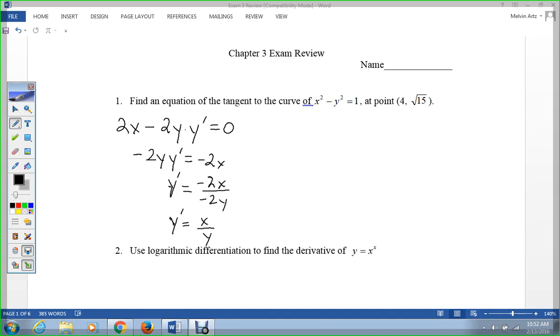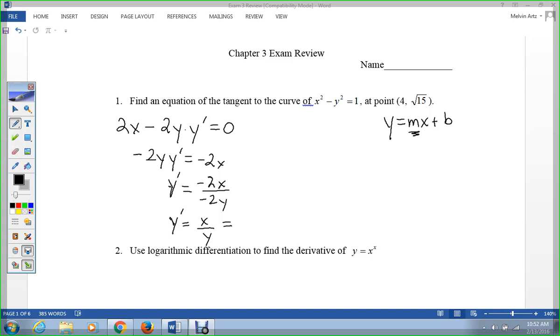Now we want to find an equation of the tangent line to the curve, so our goal is to find the equation y equals mx plus b for that tangent line. So let's find the slope first. We have y prime equals x divided by y.